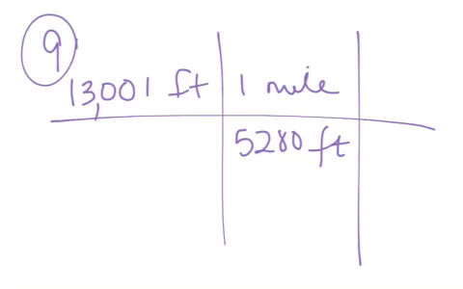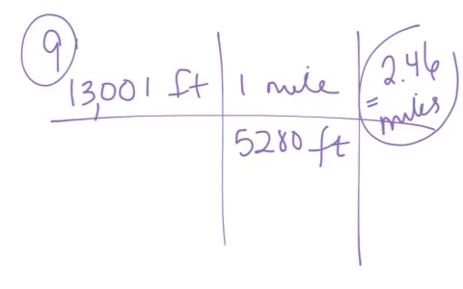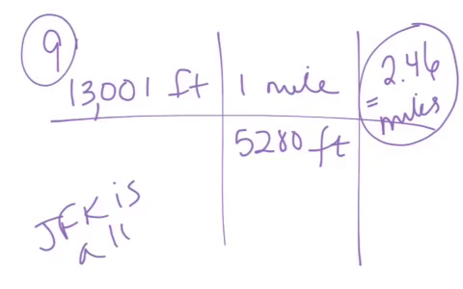Either way, it's a little bit easier when you convert it to a number that's going to be smaller, a bigger unit, which gives me 2.46 miles. So when I compare the runways of both airports, I know that JFK is a longer runway.